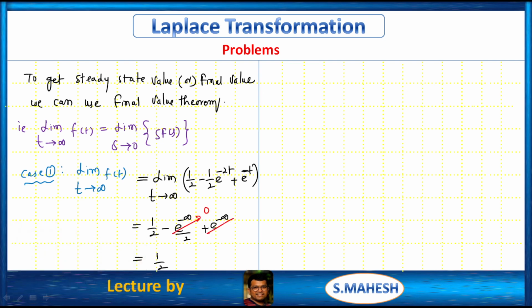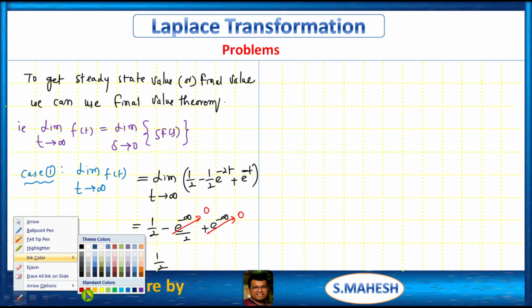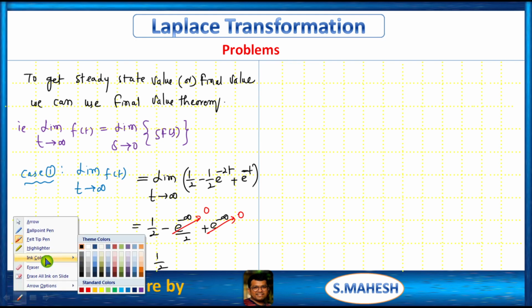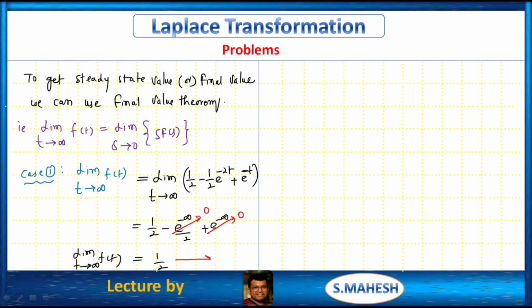This is 0, this is 0. Therefore, limit t tends to infinity f of t, we got 1 by 2 from this case 1.